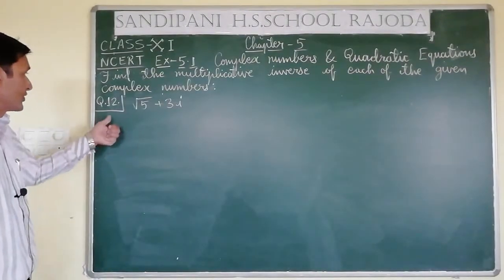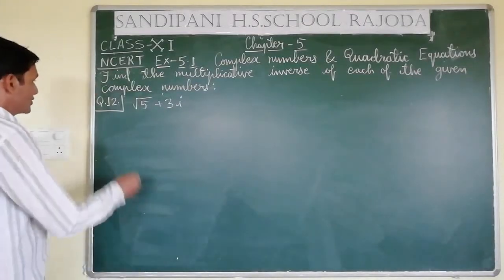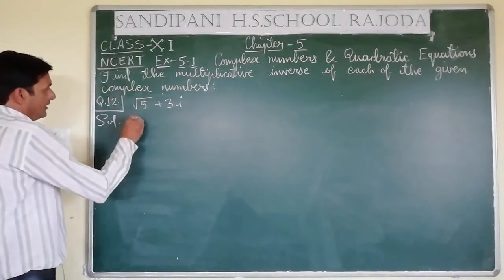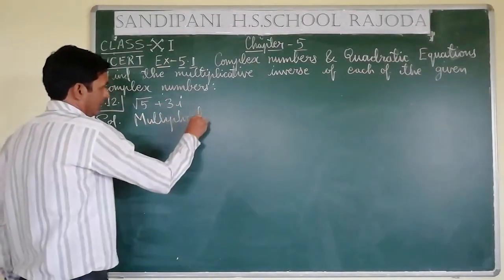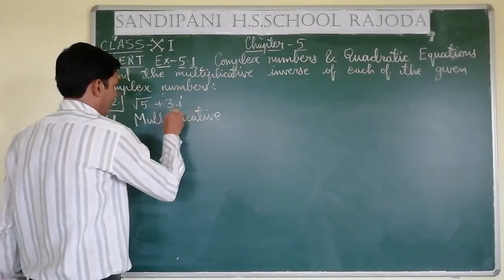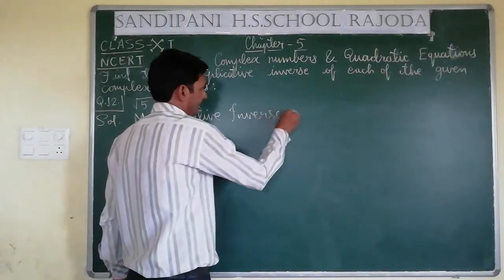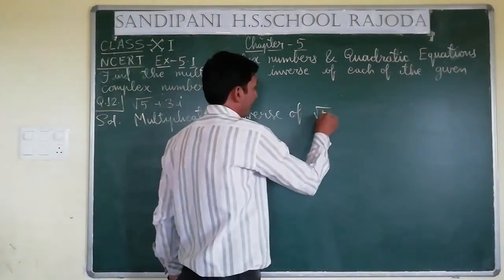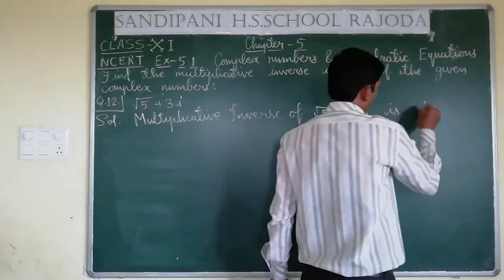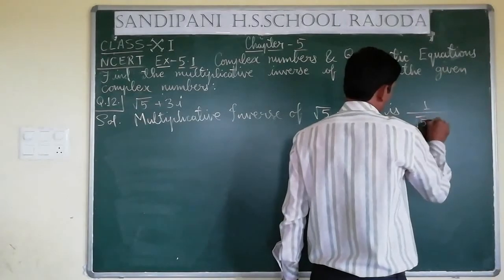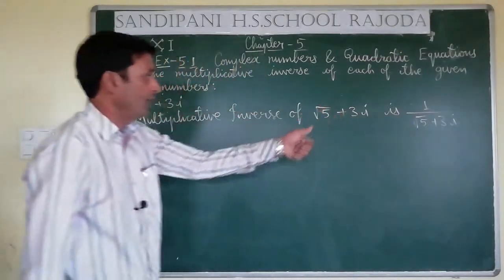Now see question 12. Here we have to find the multiplicative inverse of √5 + 3i. So in solution, the multiplicative inverse of √5 + 3i is 1/(√5 + 3i).